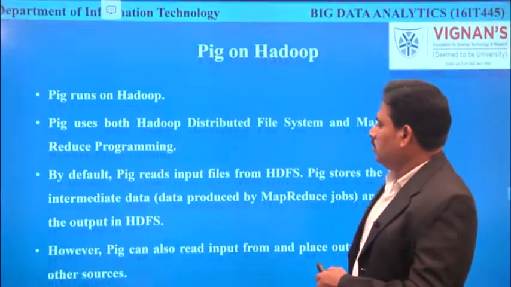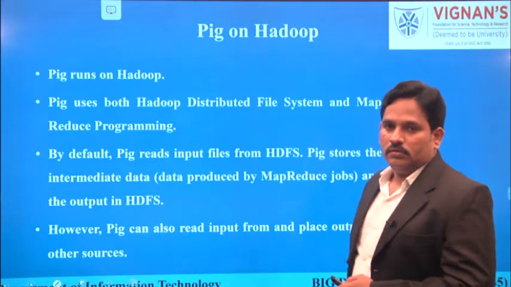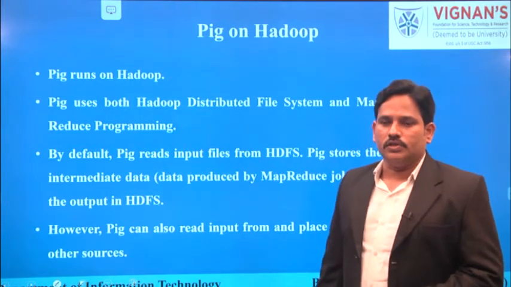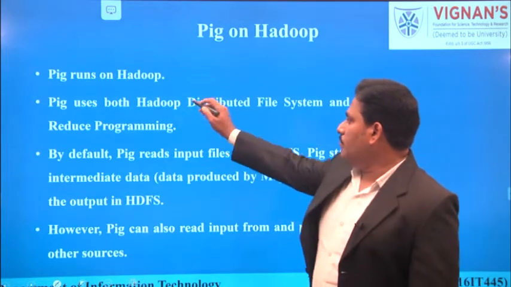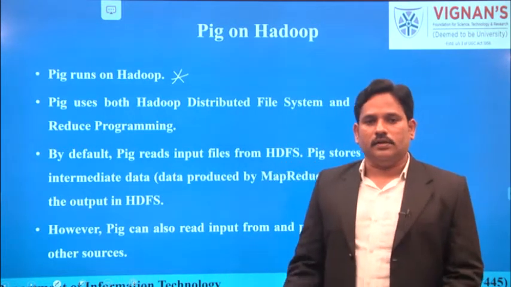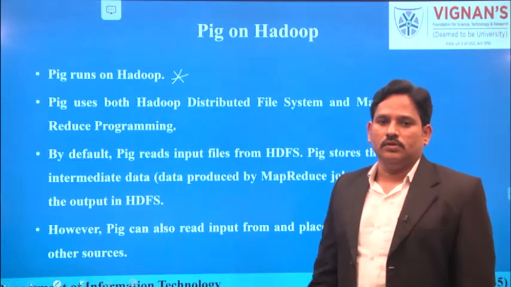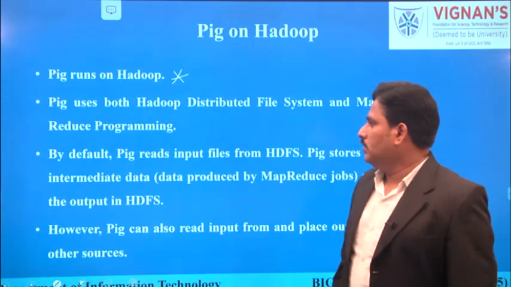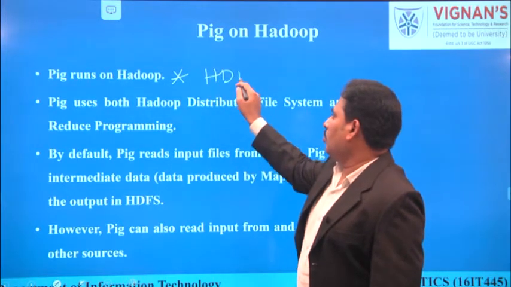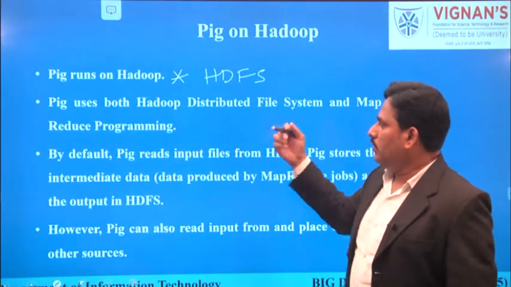Now we'll see how Pig is used on the Hadoop environment. By default, Pig will run on Hadoop. Like any other sub-project of the Hadoop ecosystem, Pig also runs on Hadoop. That is, Pig will access data from the HDFS environment. On top of Hadoop, we can write and execute Pig programs.